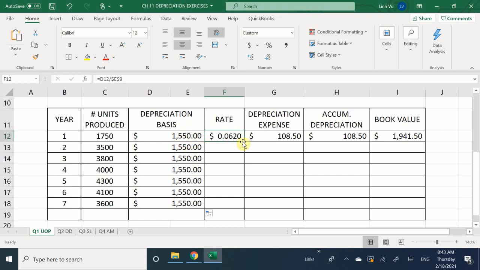The rate is also going to be the same, so I can apply this all the way down. The only thing that is going to be constantly changing is my depreciation expense, because I have a variable coming into play. Every year I'm producing a different number of units. So how much is my depreciation expense for year 2?